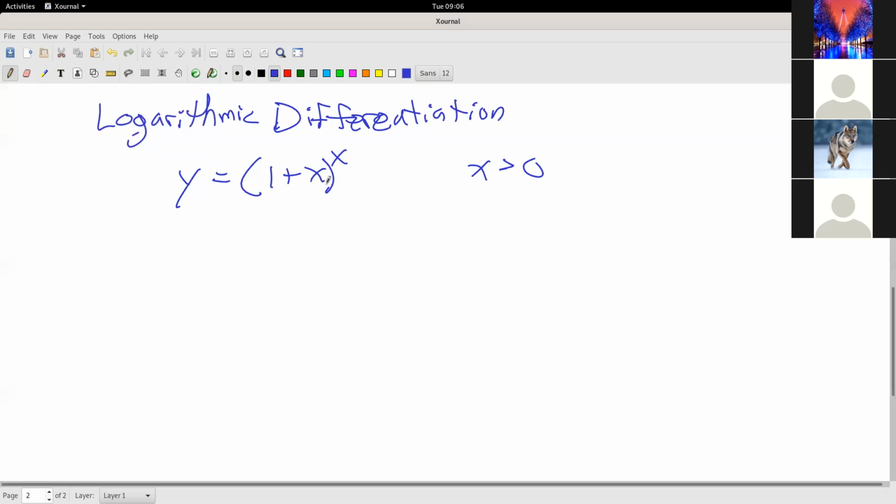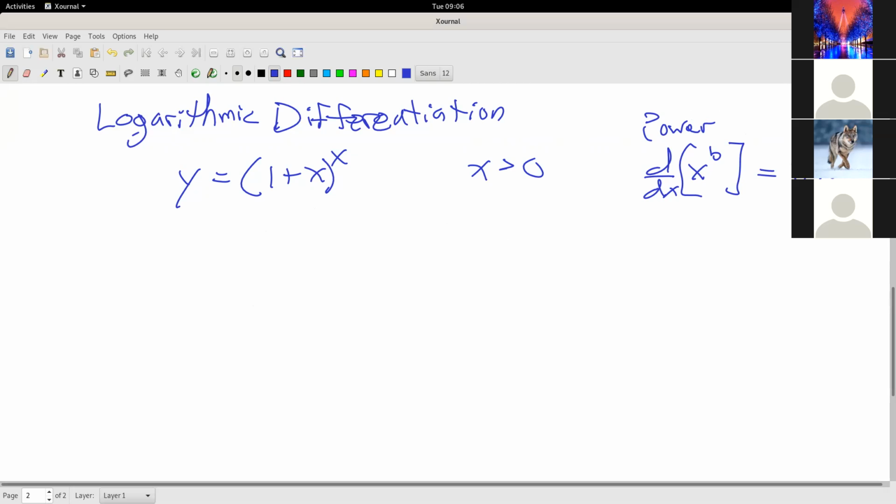To take the derivative of this, I have a problem because there's kind of two rules I've got to think about. The rules that are conflicting here are the power rule, where if you have x to the power b and you take its derivative, you get b times x to the b minus 1.